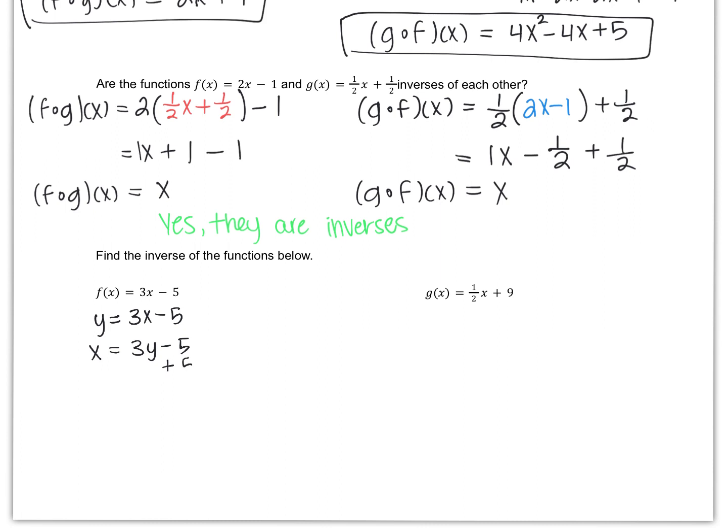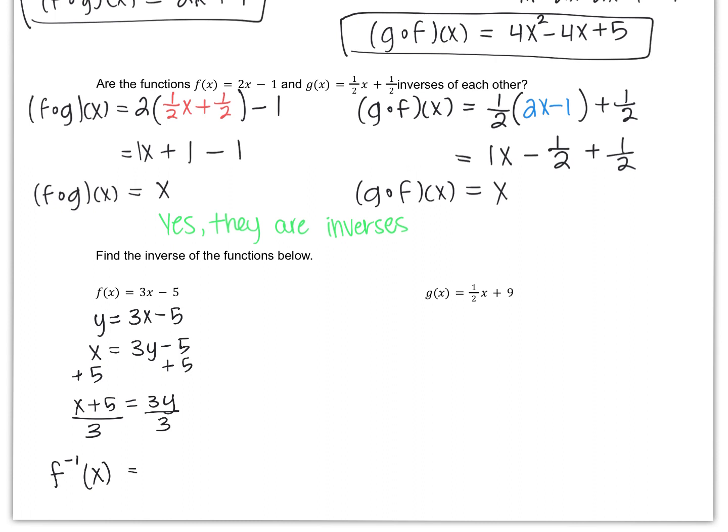So I'm going to add 5 to both sides. I get x plus 5 equals 3y. And then I'm going to divide by 3. So it's important that you use the correct notation for inverse. So whatever your function is, which in this case is f, we put a little -1 next to it and then an x, and that indicates it's the inverse.